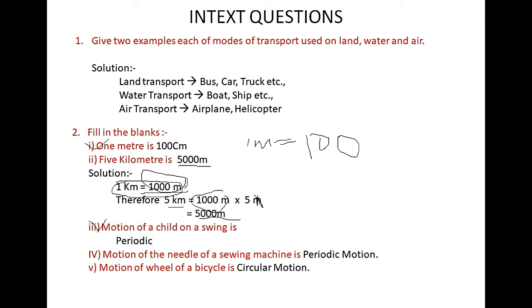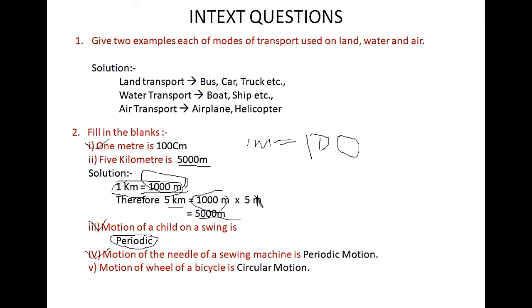When a child plays on a swing, as we discussed in the last video, it moves front and back. That is, it performs some oscillatory type of motion. Whenever motion is in the form of oscillation, or the motion is repeating for a particular interval of time, we can say that type of motion is periodic motion. Therefore, the motion of a child on a swing is periodic motion.